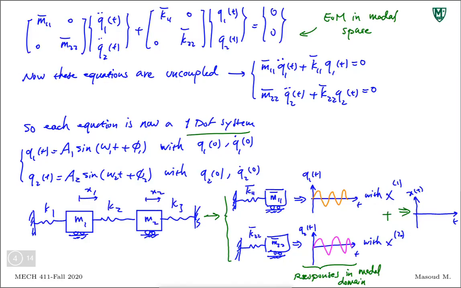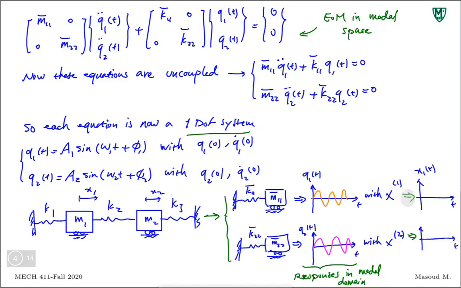Right? Let me write it this way, they're still separate. So it's easier to actually do it this way. So from there, you will get X1(t), and you'll get X2(t).